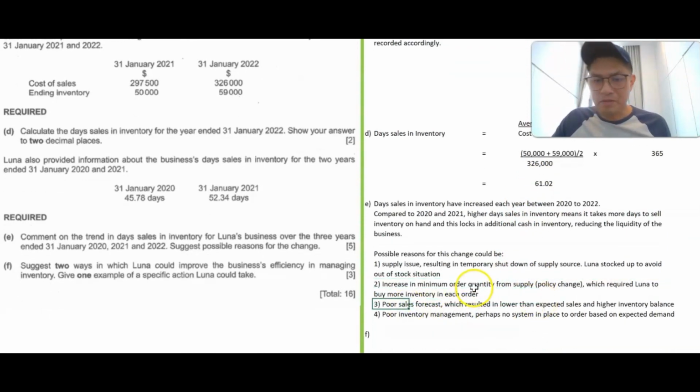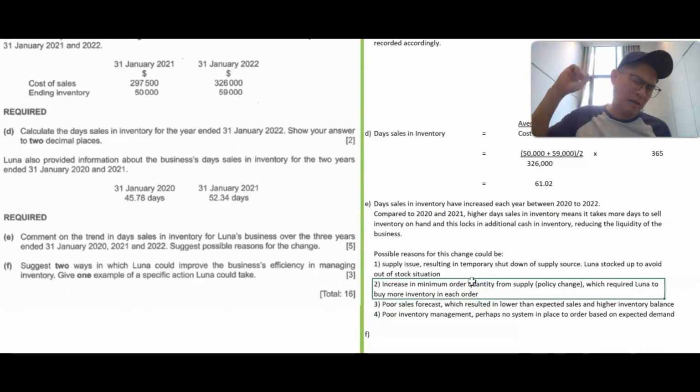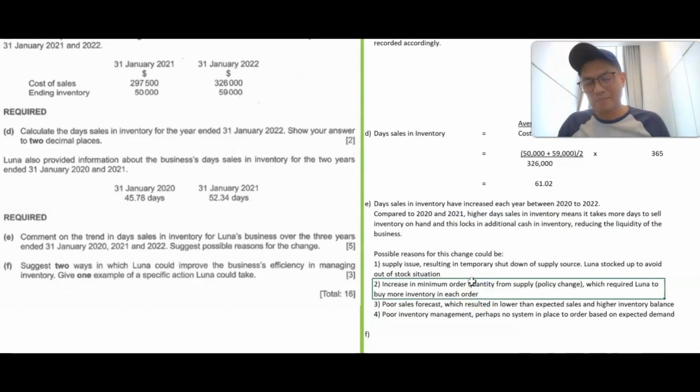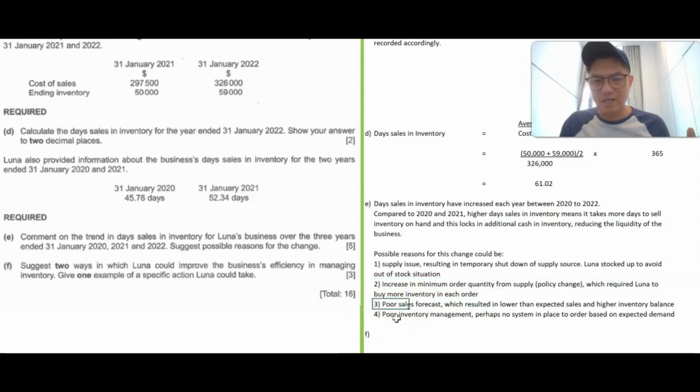Or it could be because they anticipated they were going to sell a lot, but then because of some reason, whether it's competition, poor forecasting, or the consumers didn't react much to the campaign that you had, you didn't sell as much as anticipated, and therefore you'll be left with inventory.